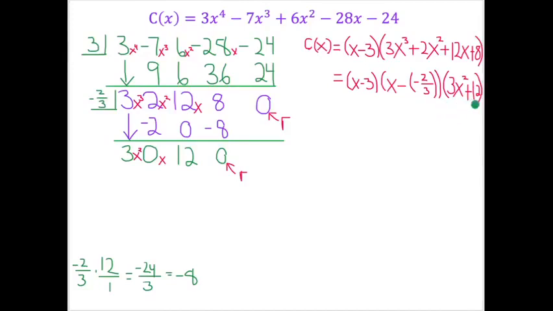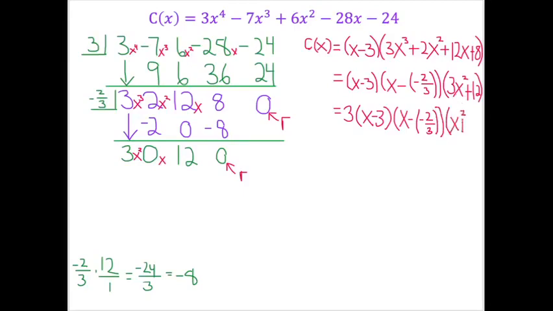Now, if you notice here, we have this 3x squared plus 12. There's actually a common factor here of 3, so we can go ahead and take that out. So this equals 3 times x minus 3 times x minus negative 2/3 times, if I factor out a 3 from 3x squared, I just get x squared.